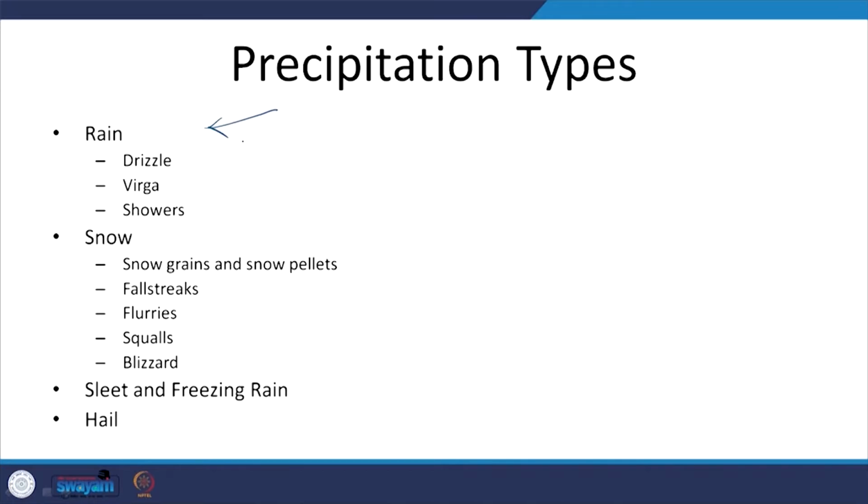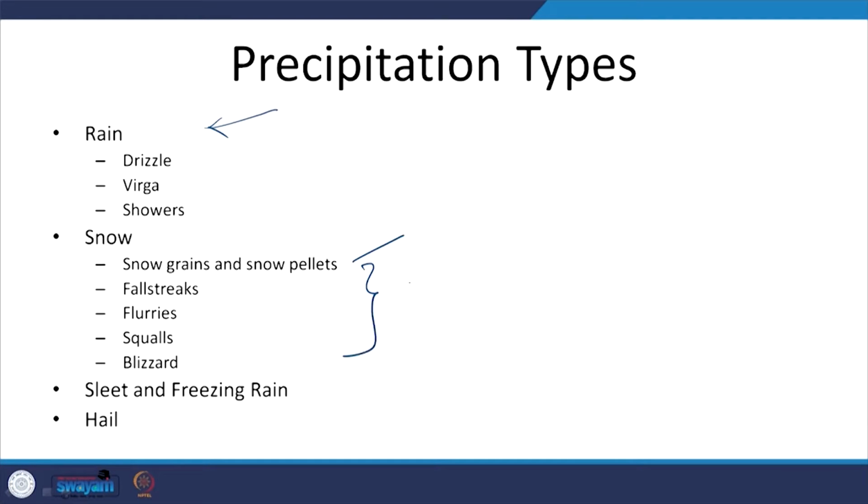The other form of precipitation, which is not in the liquid phase but in the solid phase, is snow. Snow is not a single type of precipitation. Within the snow category there are several other types, such as snow grains or snow pellets, fall streaks, flurries, squalls, and blizzards.